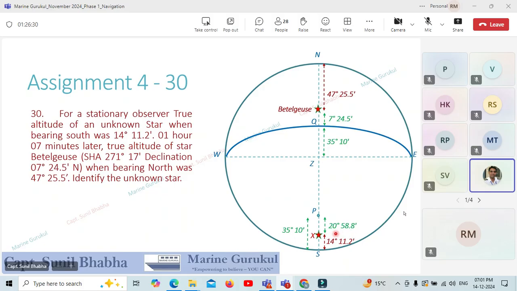So I get the polar distance of the unknown star, and 90 minus polar distance gives me the declination of this particular star. The declination will be south, because we can see the star is 20 degrees away from the south pole. So 90 minus this gives me the declination. I get the declination of the star as 69 degrees 1.2 minutes south.